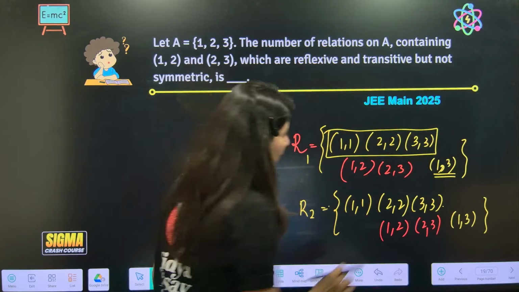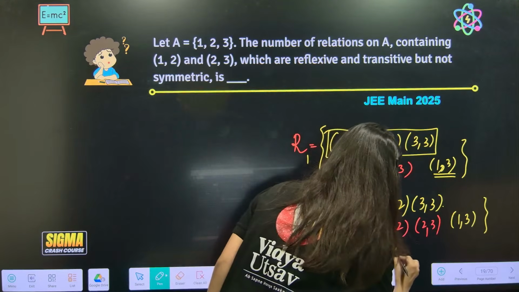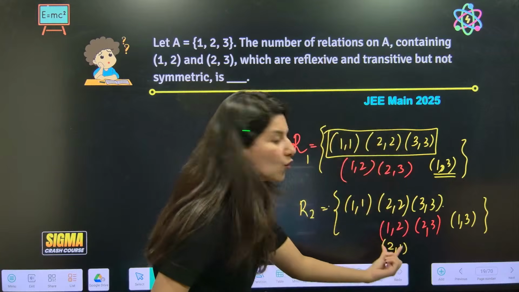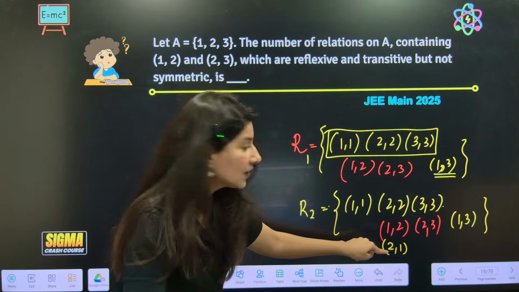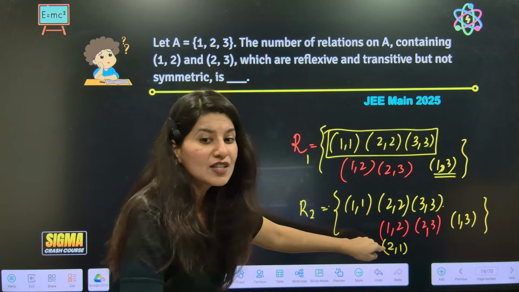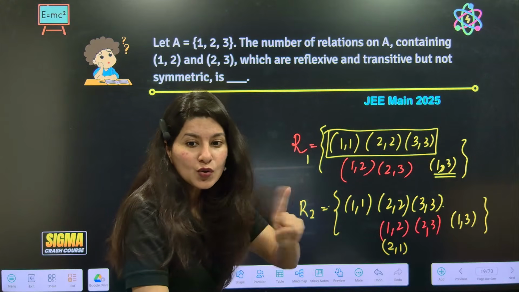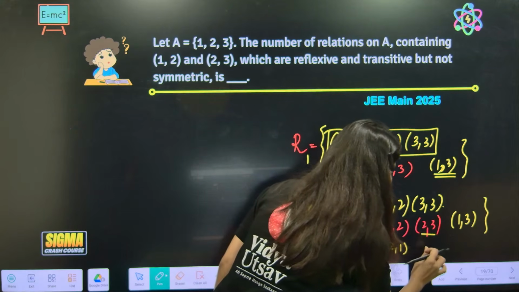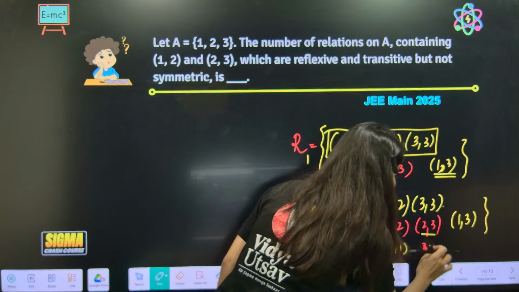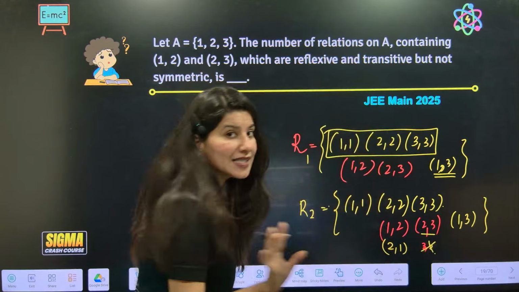Now what I am going to do is, let me add 2, 1 in this. The moment I add 2, 1, this is a symmetric pair of it. You will be like, ma'am, then this relation will be symmetric. No. 2, 3 is there, but I am not adding 3, 2 over here. 3, 2 is missing, na?